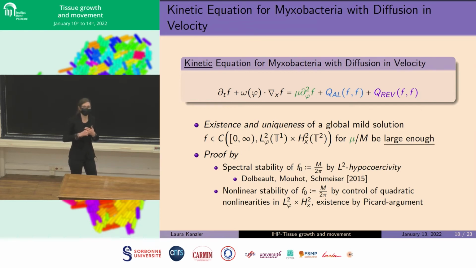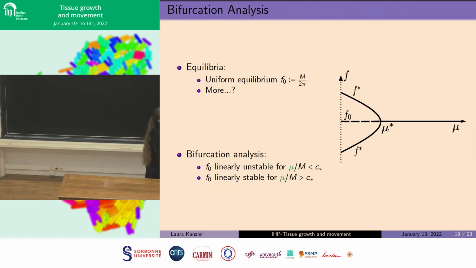During this analysis, we did not find a concrete value of when the uniform equilibrium becomes stable or unstable. This is why we performed a formal bifurcation analysis. We again investigated linear stability of the uniform equilibrium, and we found that there exists a concrete value mu star.